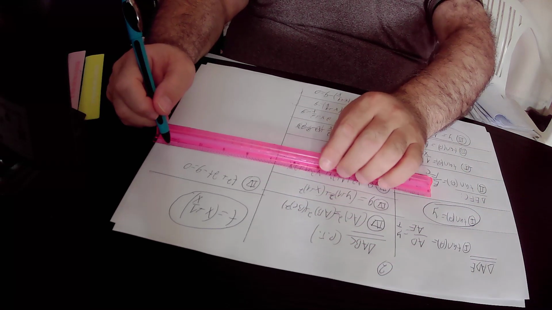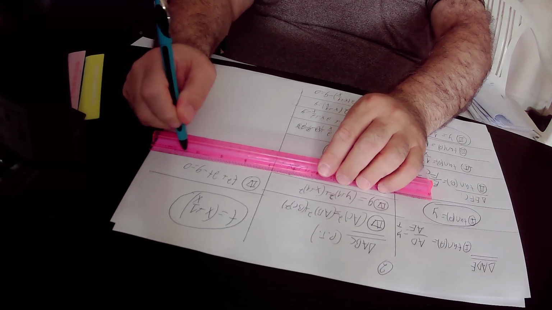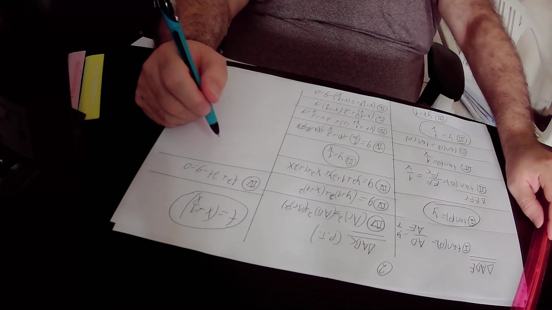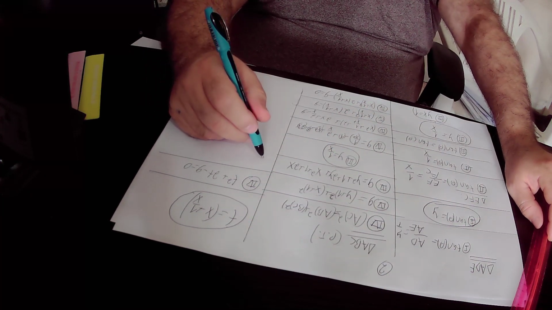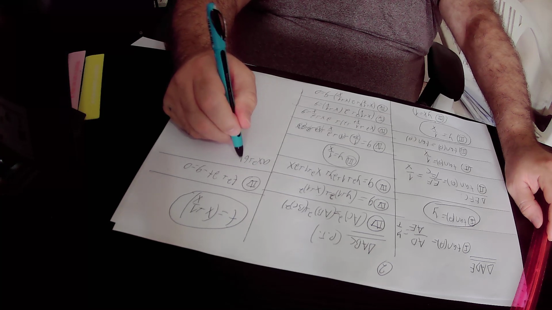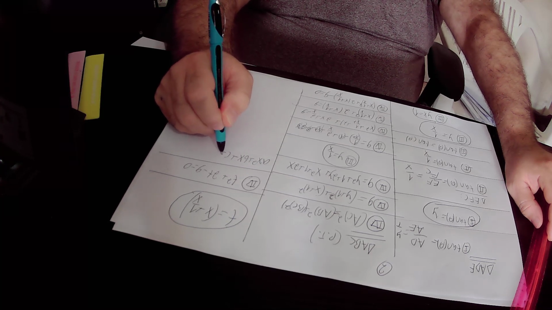So here we have a quadratic equation, and the general formula for a quadratic equation is ax squared plus bx plus c equals to 0.